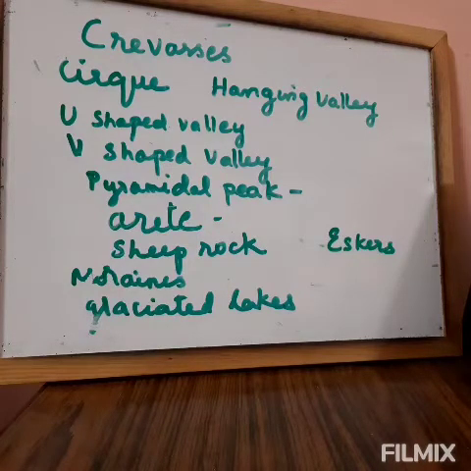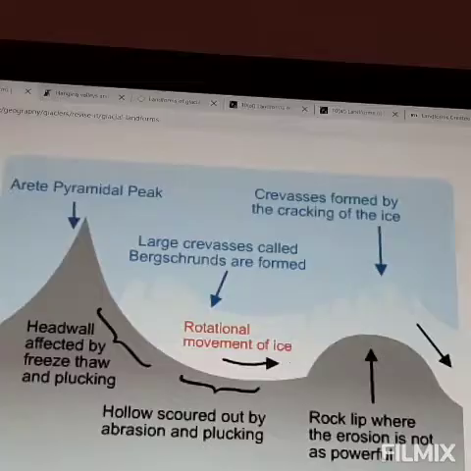Now let's see these landforms in diagrammatic form. A valley glacier is not only a mass of ice but is loaded with rock material from top to bottom. This material is called drift, boulder or boulder clay because it is heterogeneous and has boulders mixed with clay.